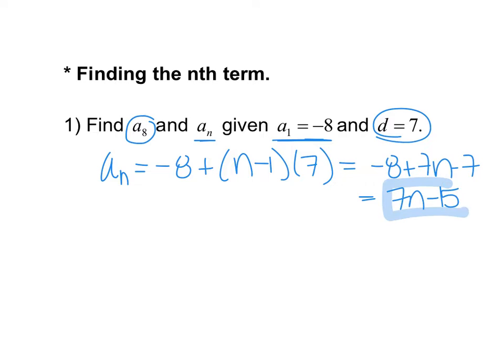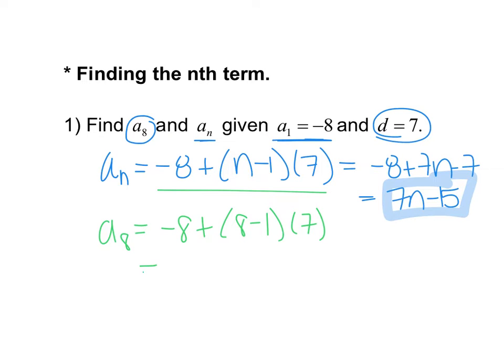That's a sub n. And then we can use that formula as long as you trust your math, or you can go back to this original part here to find the 8th term. So you should get the 8th term to be 41.